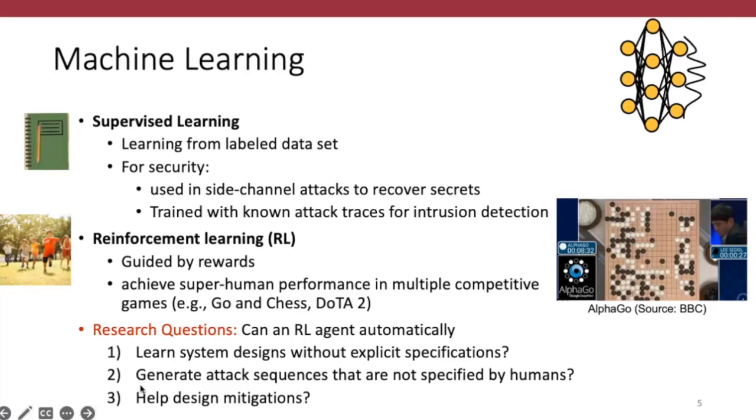Can the RL agent generate attack sequences that are not specified by a human? That means if we do not have any security expert who has knowledge of prior known attacks, can an RL agent, without any prior knowledge of the security vulnerability, learn the vulnerability of the system? And also, can the RL agent even help design mitigations?